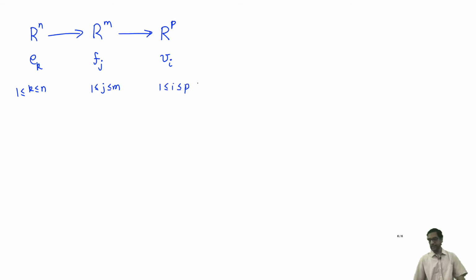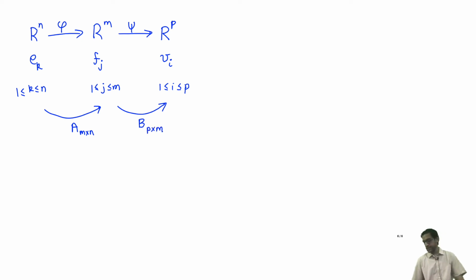So I take three bases, and now I have two homomorphisms phi and psi. Each homomorphism is determined by knowledge of an appropriate matrix, right? Let's call the corresponding matrices A and B. A will be m cross n and B will be p cross m.